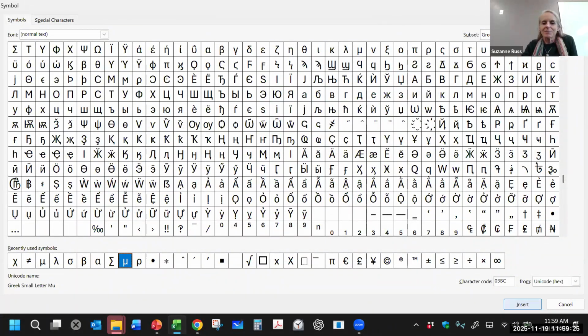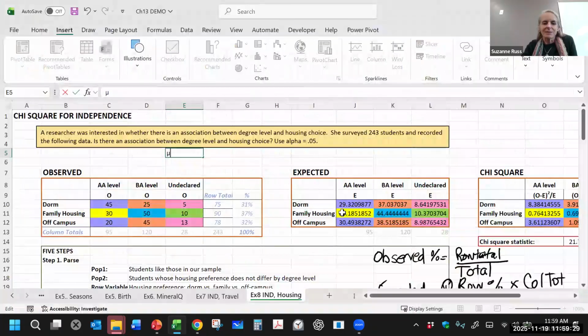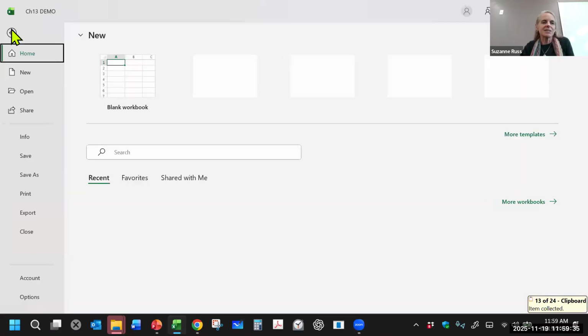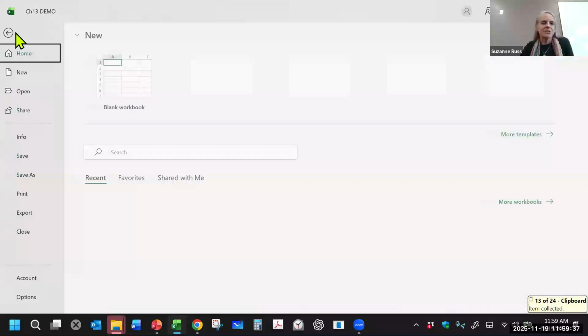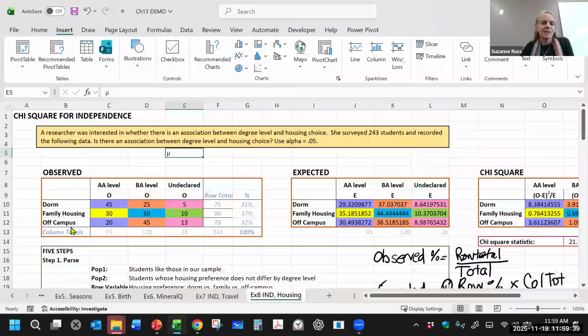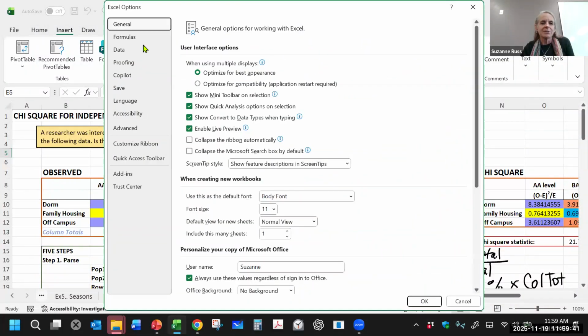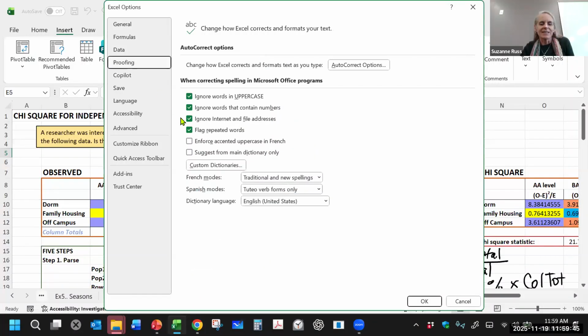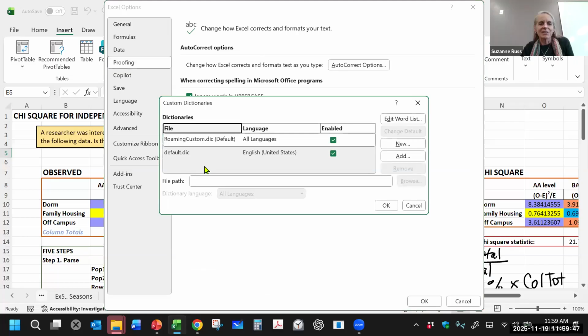Let's insert that symbol so we can copy it, and then close this out. Here it is. You can do a cool thing. I'm copying this mu that I just inserted. I'm going to go down to my options on the file menu and create a shortcut. I think it's in the proofing menu, and I'm going to add it to the dictionary.